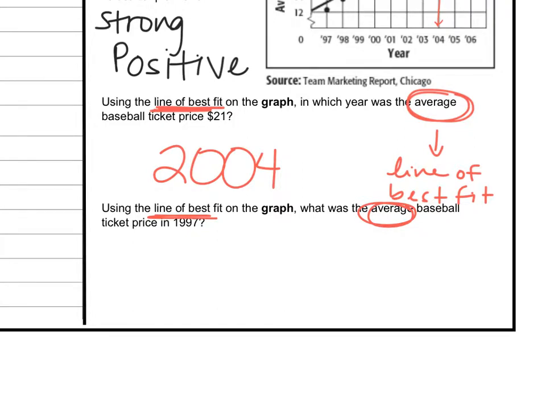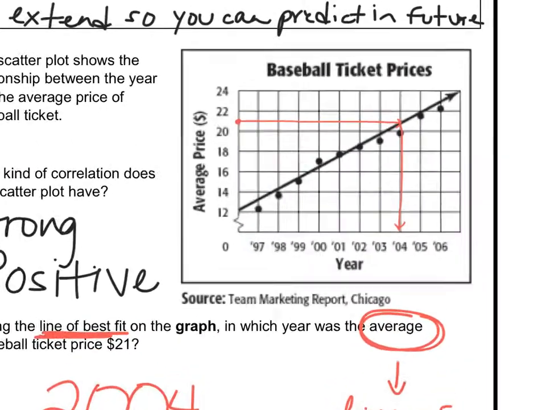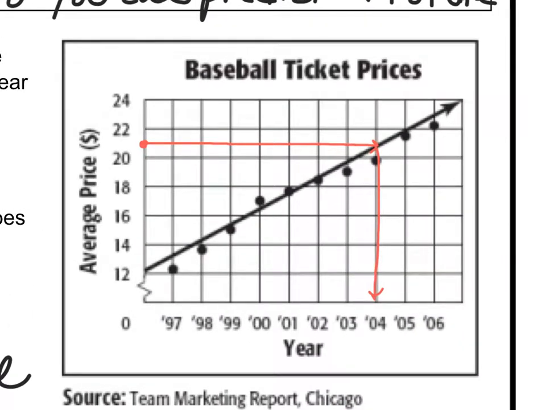Using the line of best fit on the graph, what was the average baseball ticket price in 1997? Okay, 1997, when you guys weren't even born. 1997 is right here. Okay, this is important. I know that some of you are going to be like, well, look, there's a point right there, and so the average price was $12.